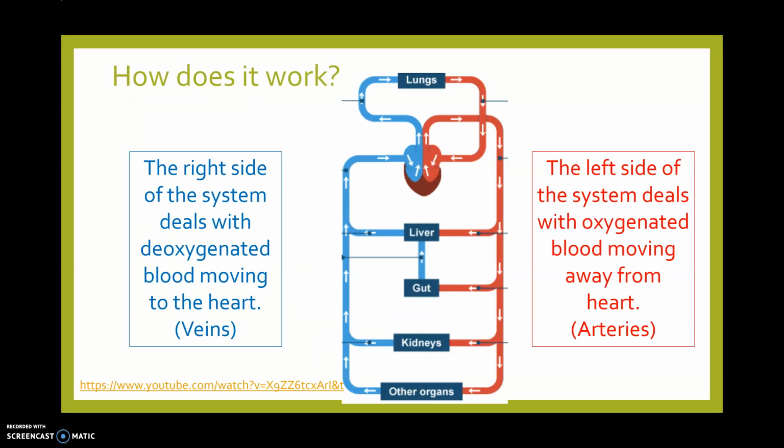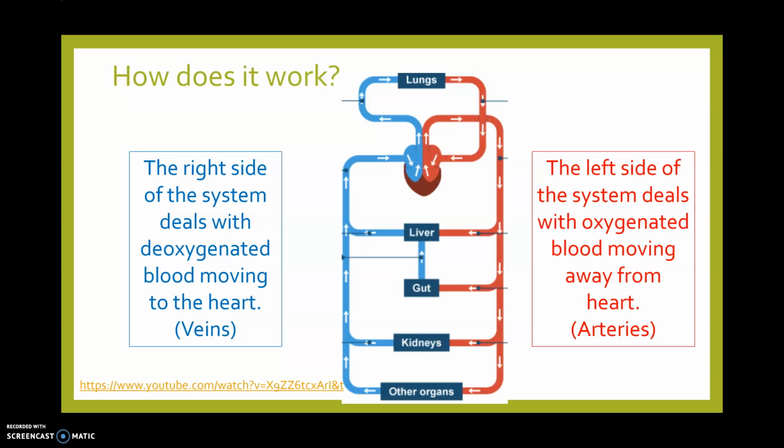So how does this whole system work? We're going to go through this again, but the right side of the heart, as you can see, has our arrows pointing in blue. This is going to move deoxygenated blood towards the heart, again through the veins. And then on the left side of our heart and left side of our body, we're going to see a system that's dealing with oxygenated blood moving away from the heart, which is going to be moving in our arteries.